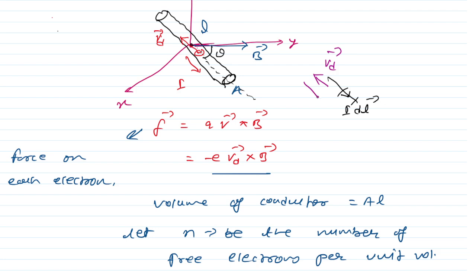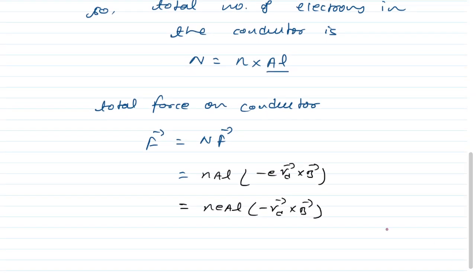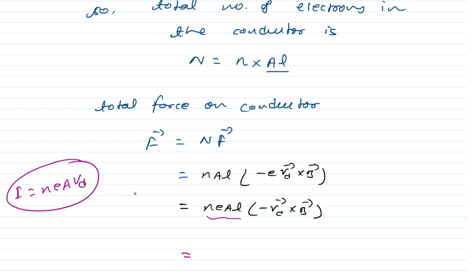So minus of Vd will be in this direction. So minus of Vd is pointing in the direction of Idl, we can say. And in current electricity chapter we have derived I is equal to neA into Vd, right?